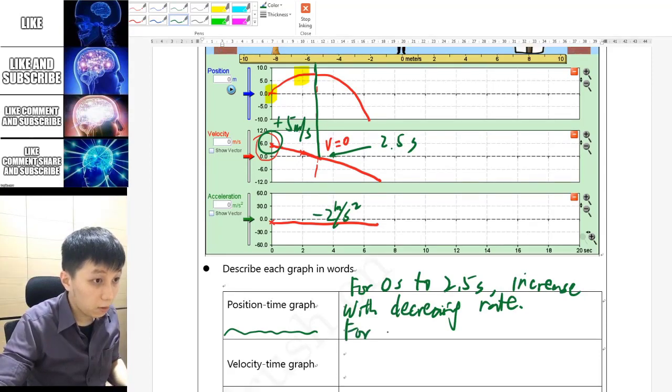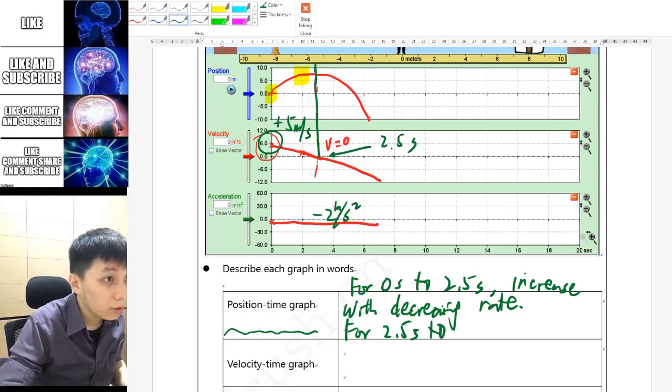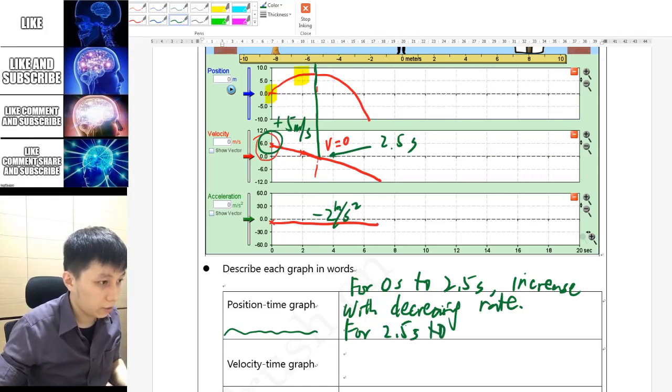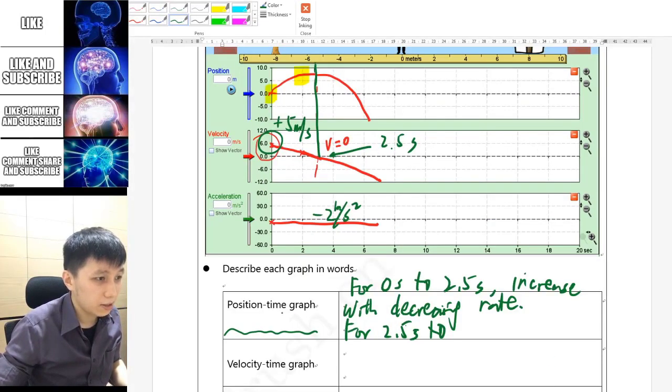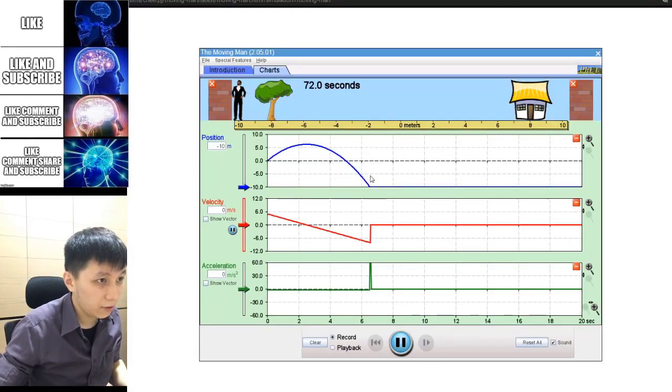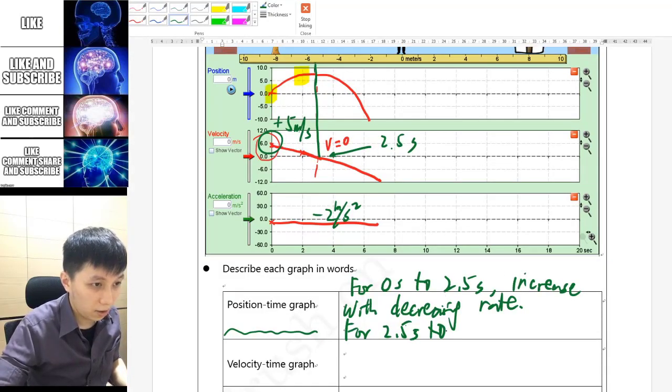Then for 2.5 seconds to the point where it stopped, actually I don't know. I think this is about 6.5 maybe. All right. Did they say anything? No, I can't actually check. I don't think I can check that. Yeah. So I'll just refer to the simulation.